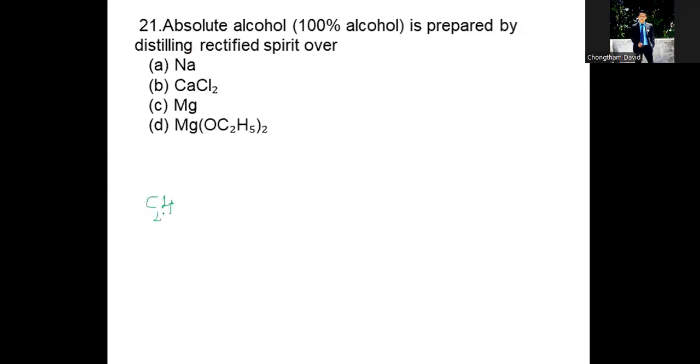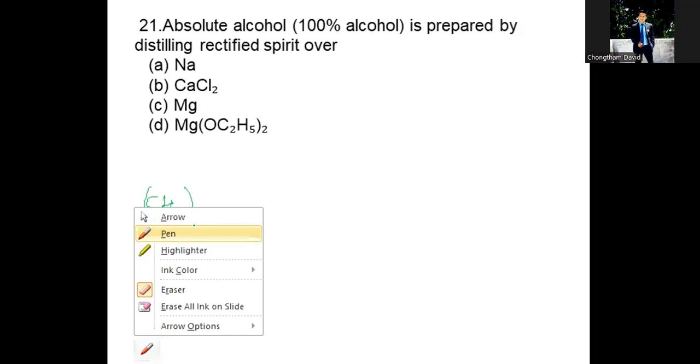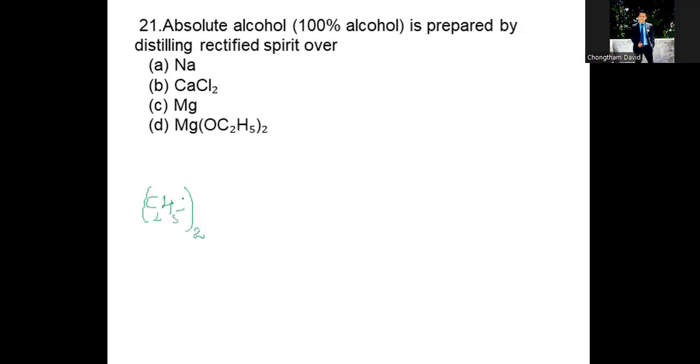I will explain here by giving you one reaction. This is your magnesium ethoxide. Since magnesium is a divalent cation, I'm writing here 2.